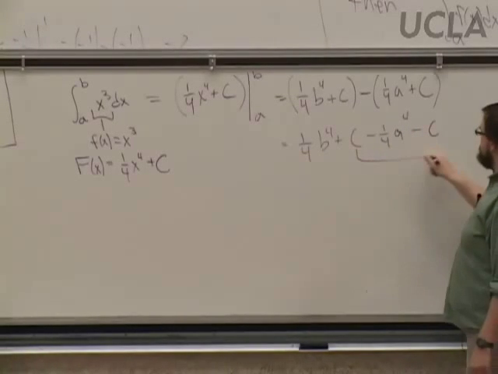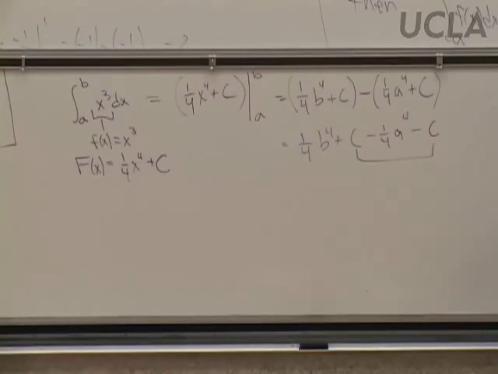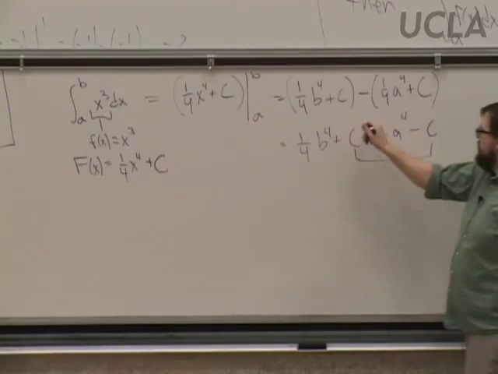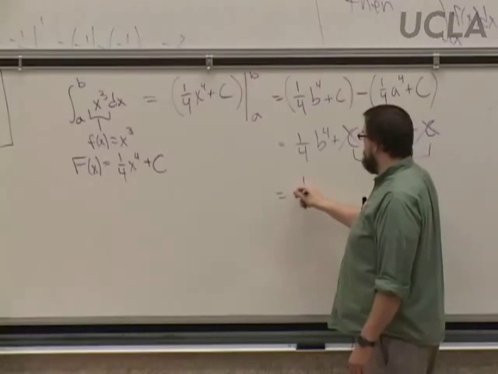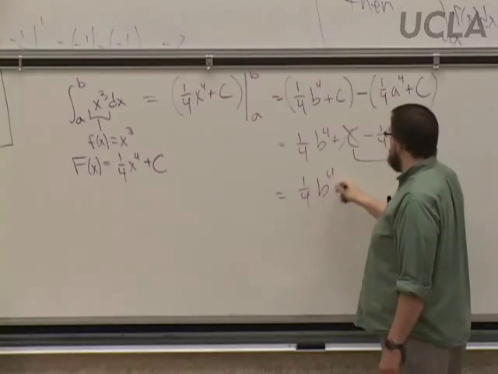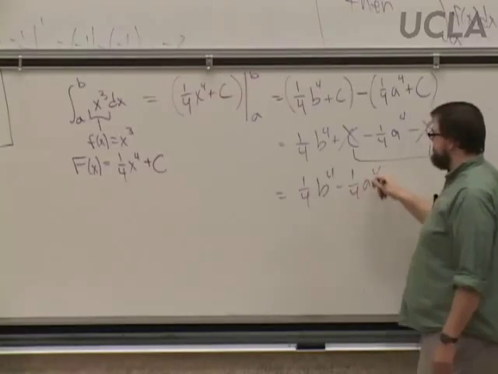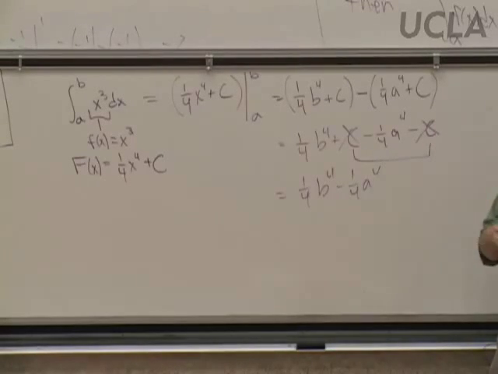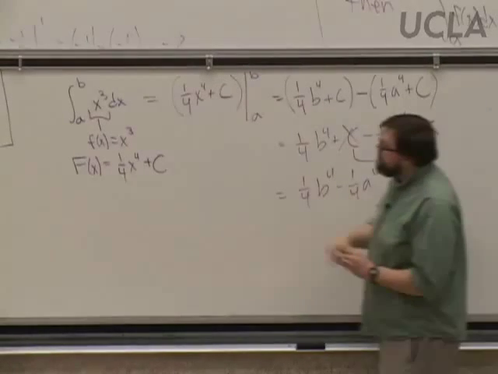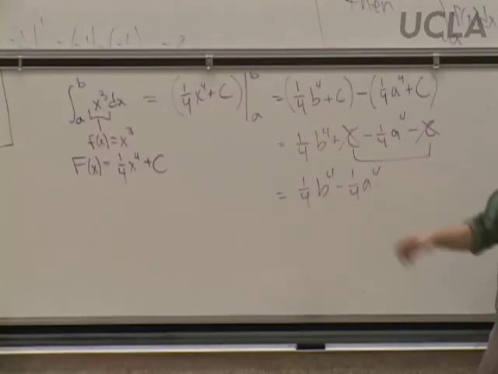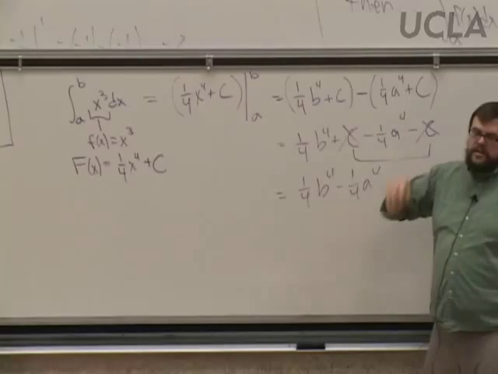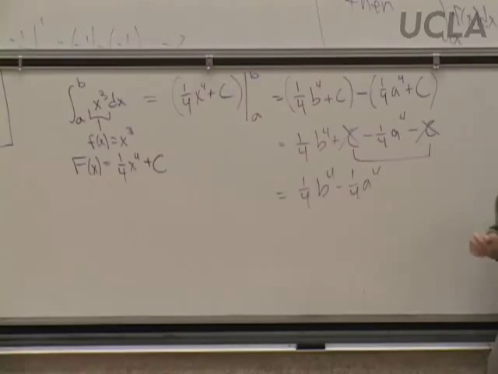You'll notice that the c's exactly cancel out, the plus c and the minus c. So we get 1/4 b to the fourth minus 1/4 a to the fourth, which is what we would have gotten if we just started with 1/4 x to the fourth. So that's why it doesn't matter which antiderivative I use. Because any antiderivative will differ by a constant, and when you do the subtraction, the constants always cancel out.